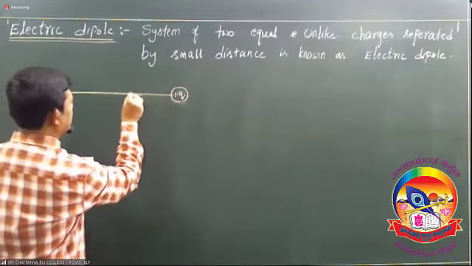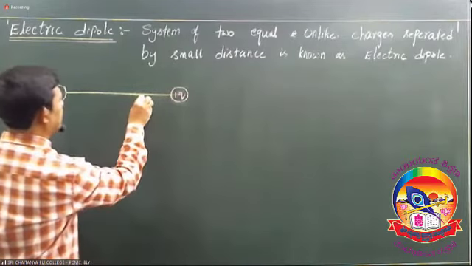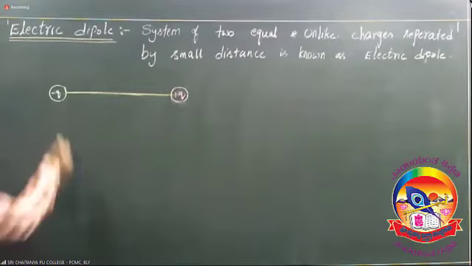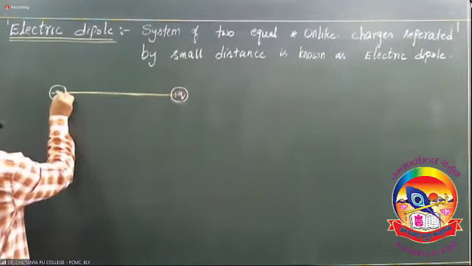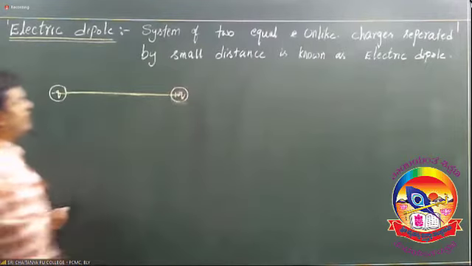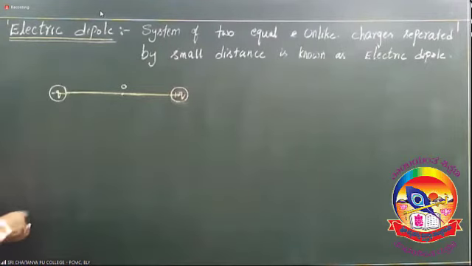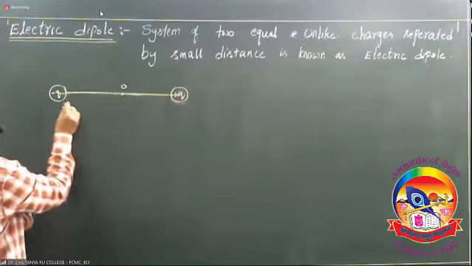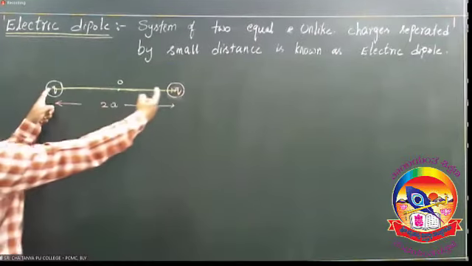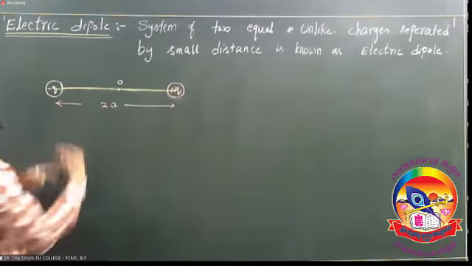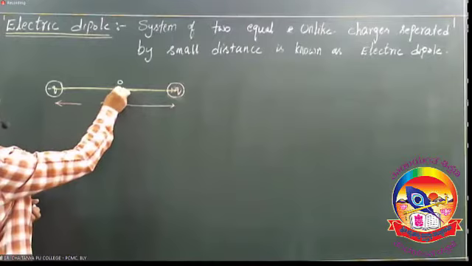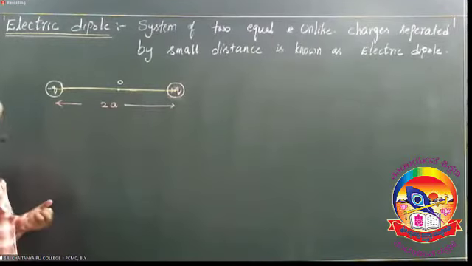This is not a string, this is not a dot, nothing. It is just a distance between those two charges. The distance between these two charges is taken as 2a. And O is the center of the dipole.